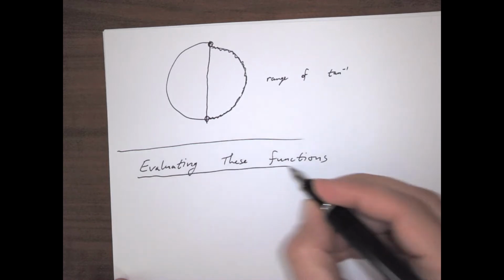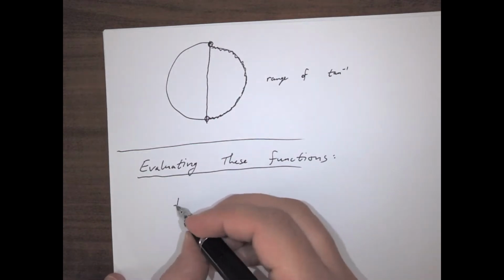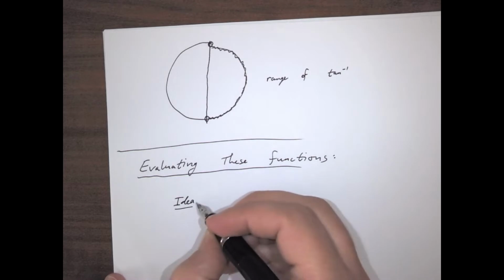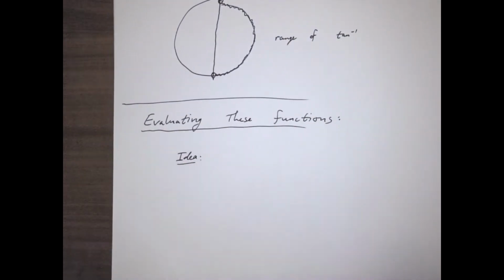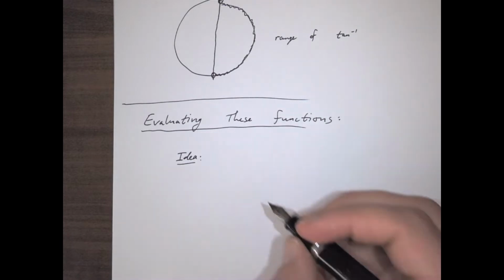Evaluating these functions. So the basic idea would just be figure out where we are on the unit circle, and then we'll know the angle.